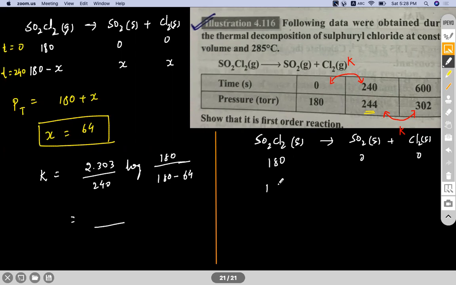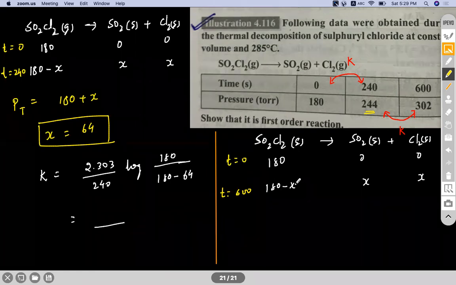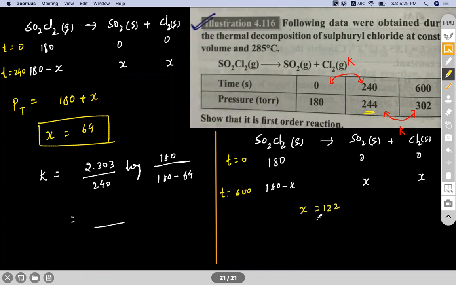This becomes 180 minus X, X, X. But this time I am choosing the time 600, and this time is 0. So the total pressure is 180 plus X, so 302 minus 180 would be 122. So X for this data we are getting is 122.